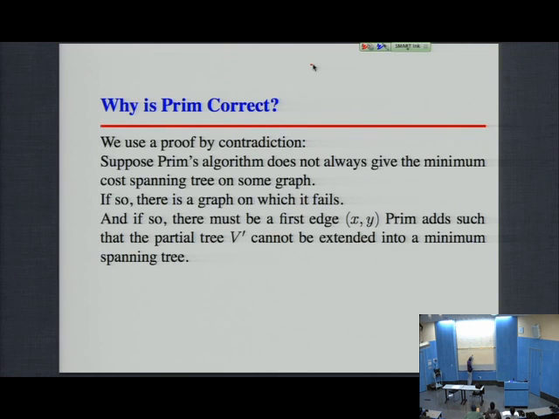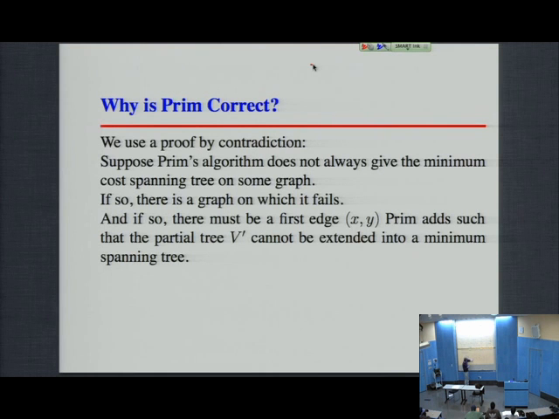Here is a tree. I have now added this edge to it. Note that if I delete any edge from the cycle, the tree is still connected. Does everybody see that? If I delete this one, it is still connected, right? What if I delete this edge?